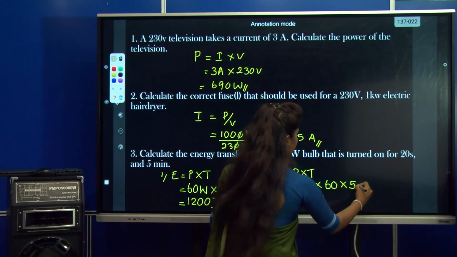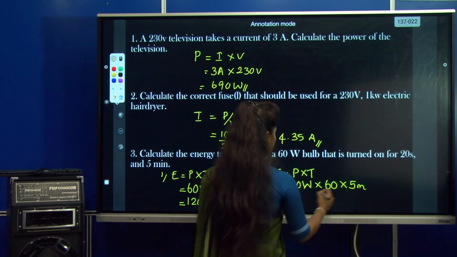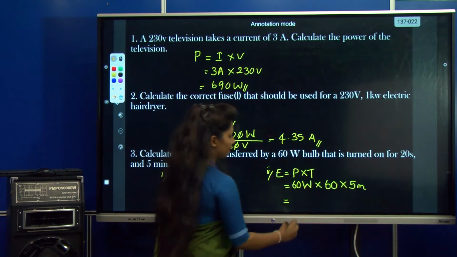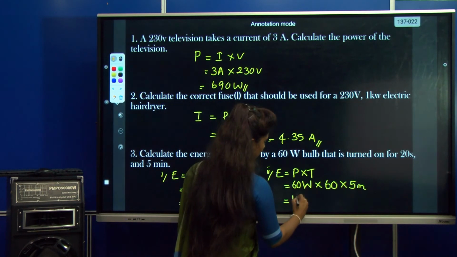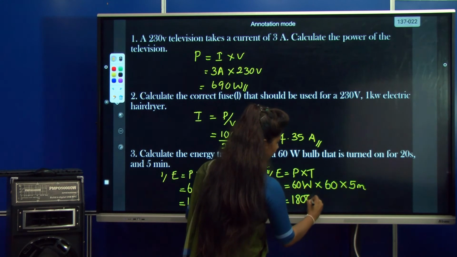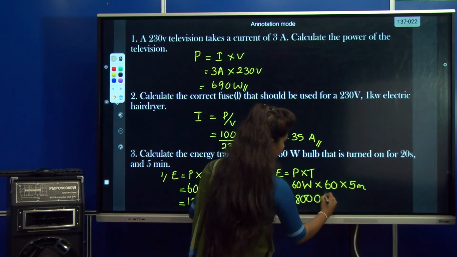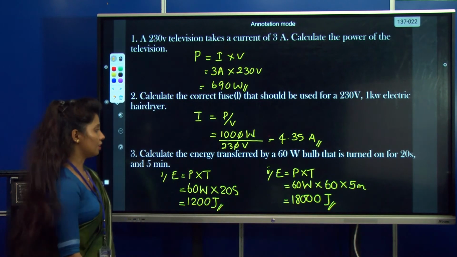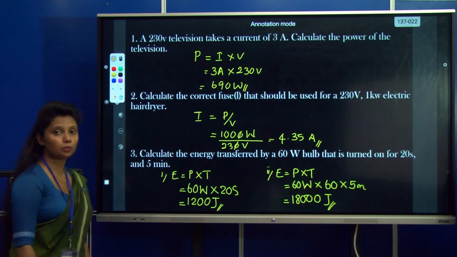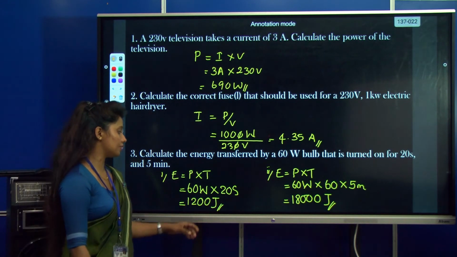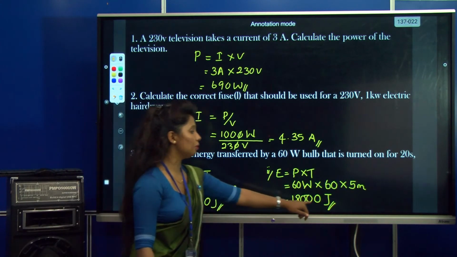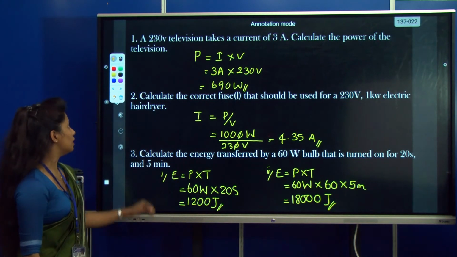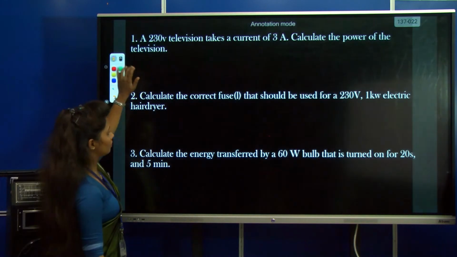So, we will be getting 6 into 6 into 5, 18,000 joules. So, this is how we have to go with the calculations. Definitely you have to use the units in each calculation. Right.